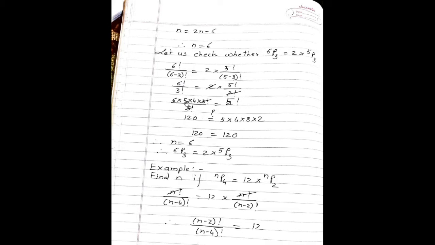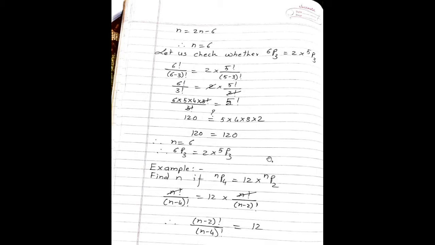So 6 into 5 into 4, the product becomes 120. We want to check whether it is equal to 5 factorial or not. So 5 factorial is nothing but 5 into 4 into 3 into 2, the value is 120. So left hand side is equal to right hand side. Therefore n is equal to 6. So we can say that 6P3 is equal to 2 into 5P3.